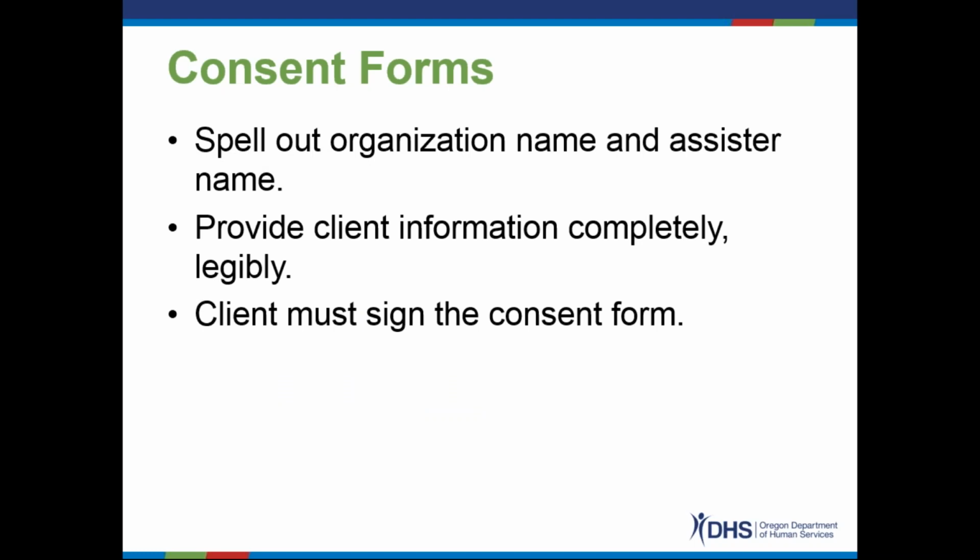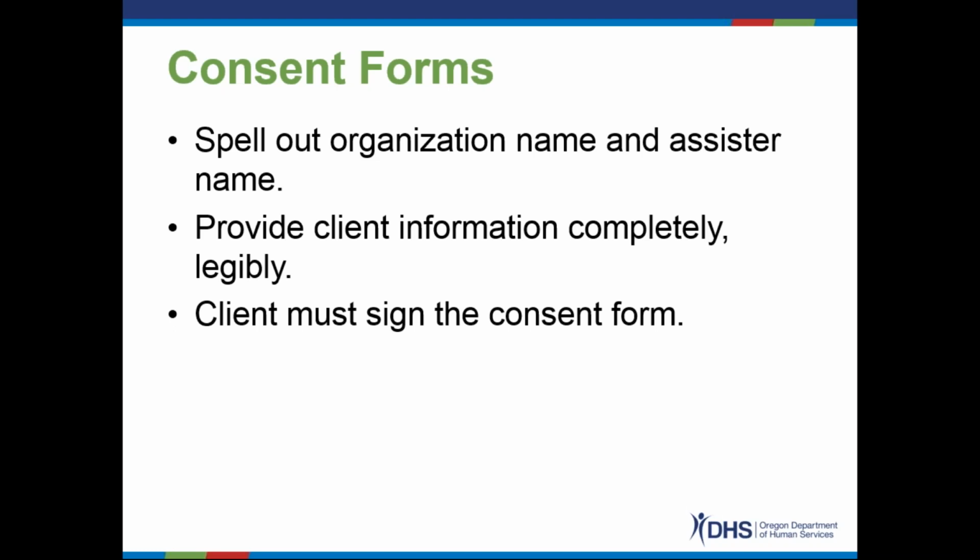So just remember to spell out the organization's name and the assister's name. Provide client information completely and legibly. A lot of our community partners will pre-populate, so they'll type their information into the consent form, and then every time they provide assistance, they just have the applicant information left to complete, so that their information is already there, clear, and typed out.